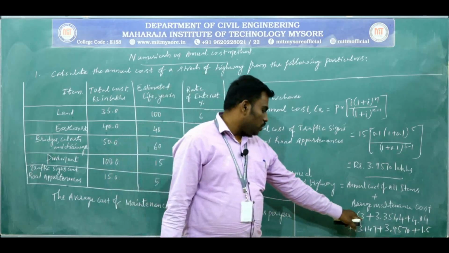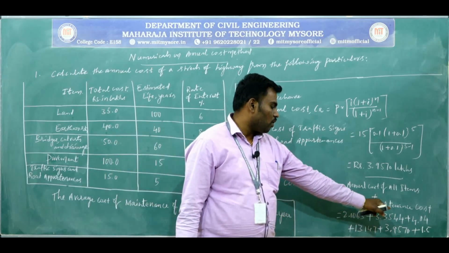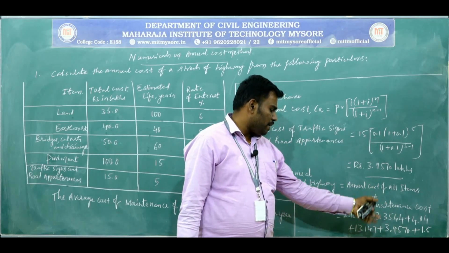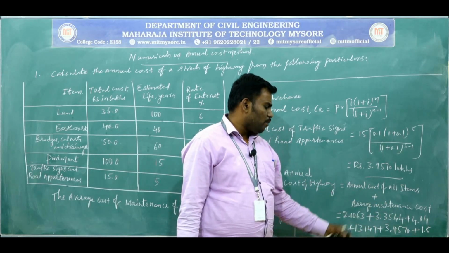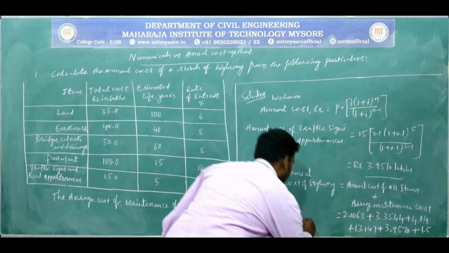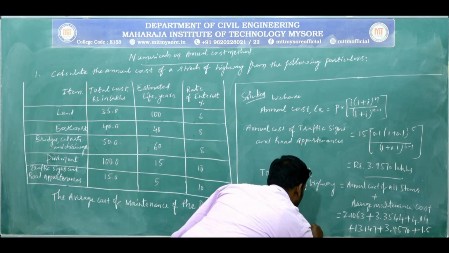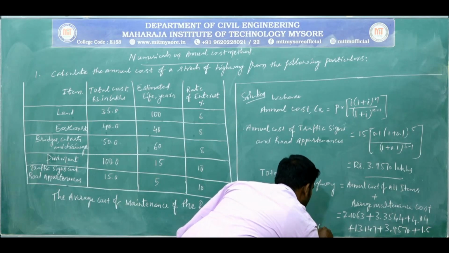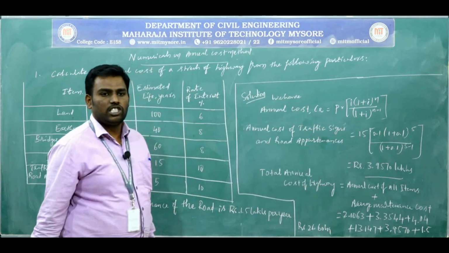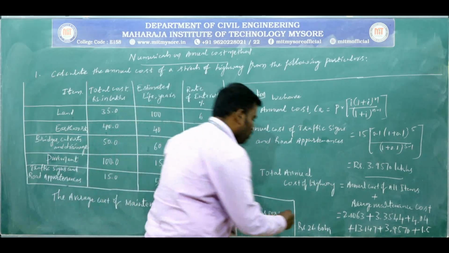If you sum it up, it is 2.1063 plus 3.354 plus 4.04 plus 13.147 plus 3.9570 plus 1.5. Totally we get about rupees 26.6049 lakhs.